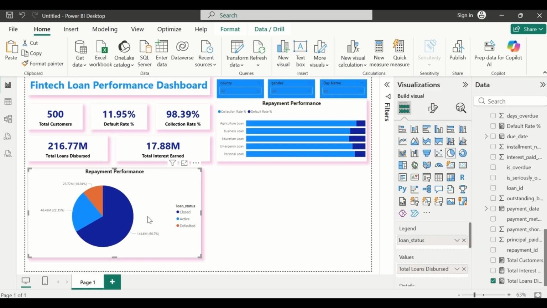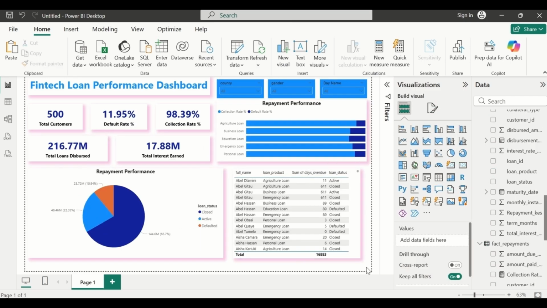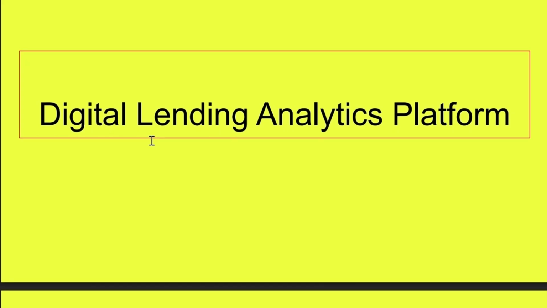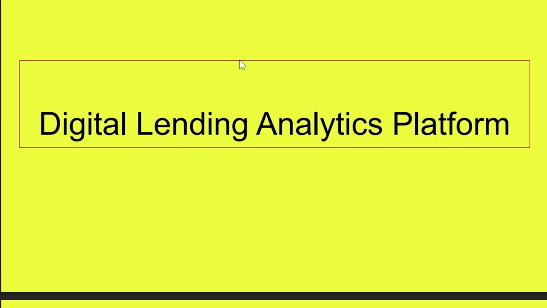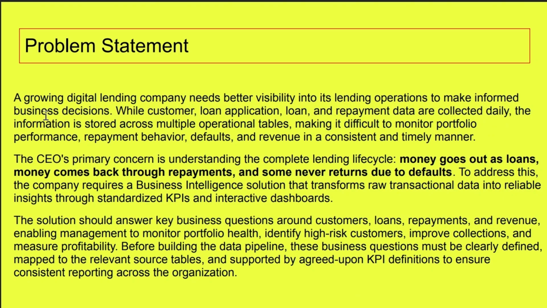So let's get started. First of all, we'll have to understand the problem statement of this company. We are building the lending platform for this company, and before that, we have to understand the problem. This digital lending company needs better visibility into its lending operation to make informed business decisions.